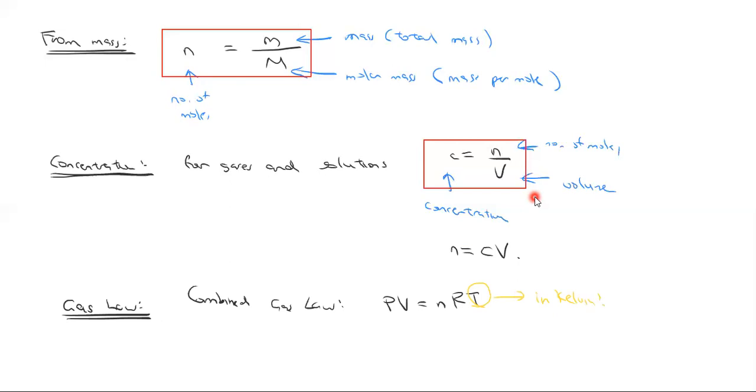That's very often neglected by many students, but everything else should be fairly self-explanatory. P is pressure, V is volume, n is the number of moles, and R is your ideal gas constant, which is 8.31.